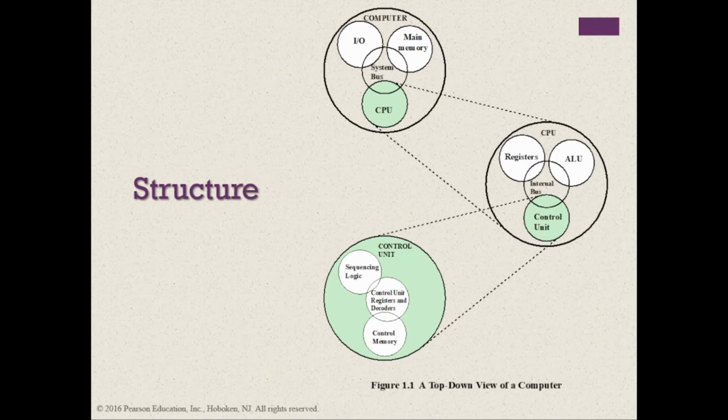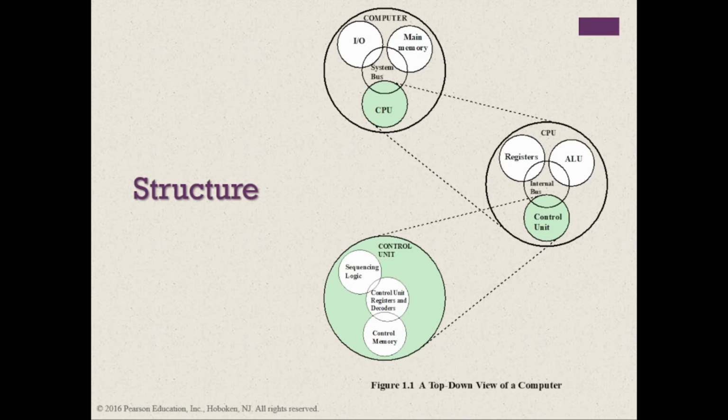We zoom in, and we can see the parts of the CPU, which is composed of registers, the arithmetic logic unit, the internal bus and the control unit. We also scrutinize the contents of the control unit: the sequencing logic, control unit registers and decoders, and control memory. This is a perfect example of a top-down approach.